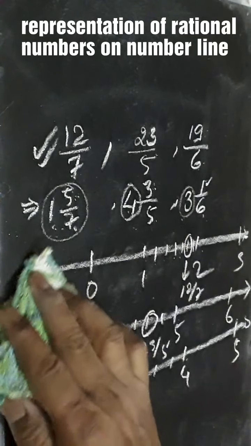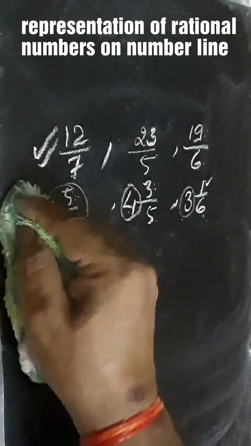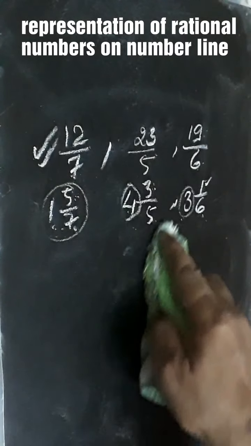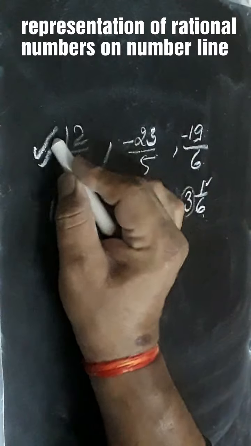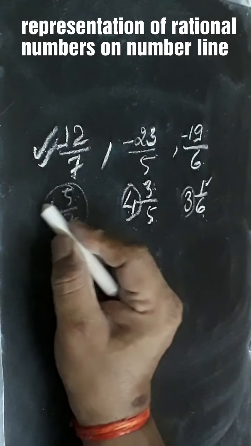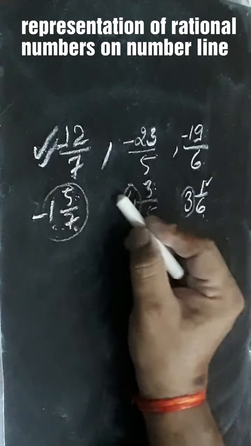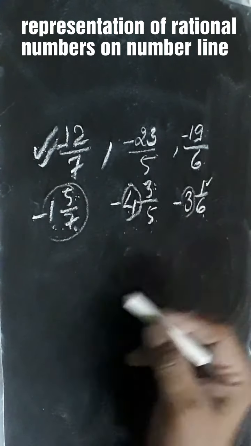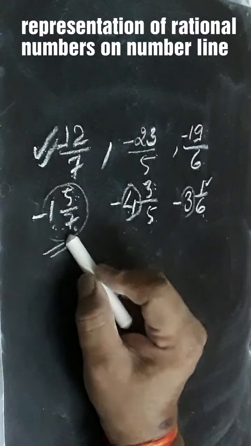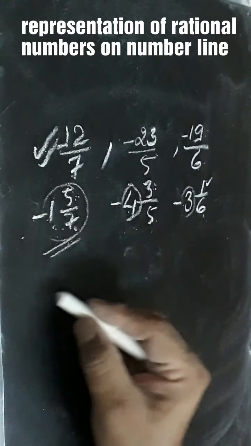Now if we change the sign of these numbers, these were positive earlier, and we are going to make them negative. So this will become minus 1 whole number 5 by 7, minus 4 whole number 3 by 5, minus 3 whole number 1 by 6. Now this number will lie between minus 1 and minus 2.